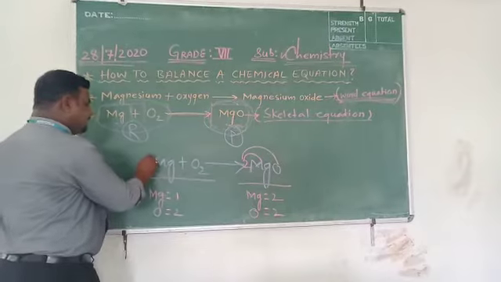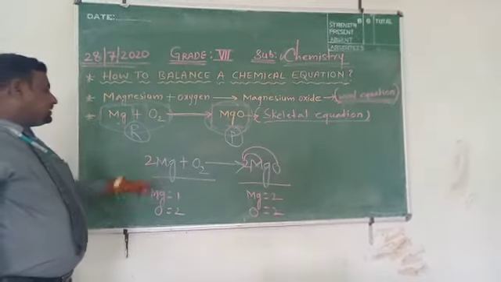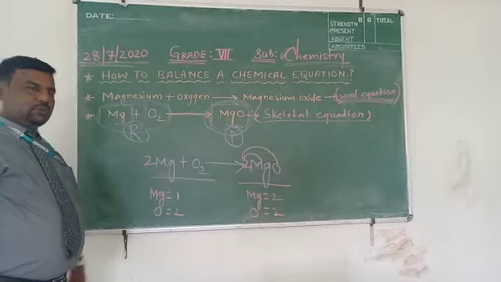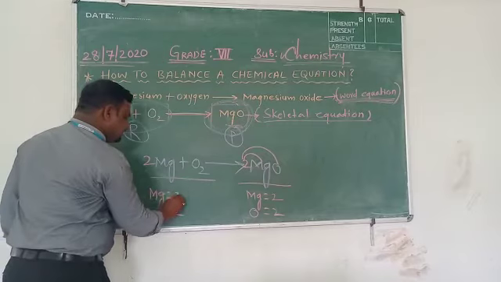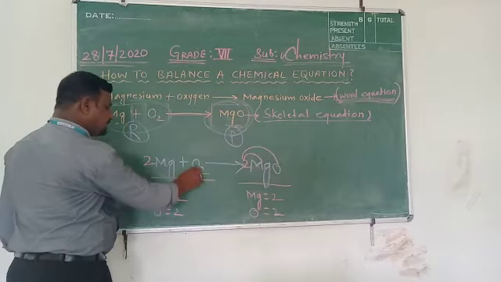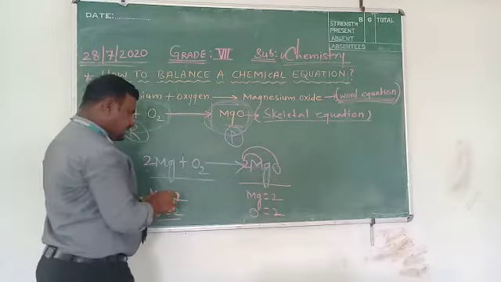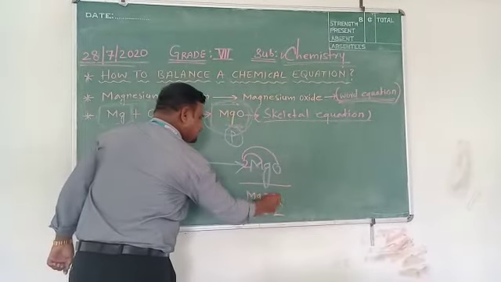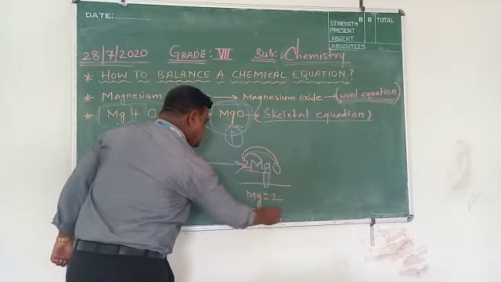Magnesium. Then you can write one more coefficient before the magnesium. Multiply this by 2. Now count it. How many magnesiums here? 2. How many oxygens? 2. Now the product side also, let us count. Number of magnesium atoms? 2. Number of oxygen atoms? 2.